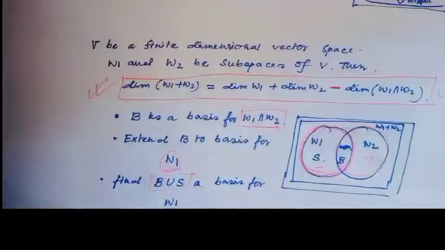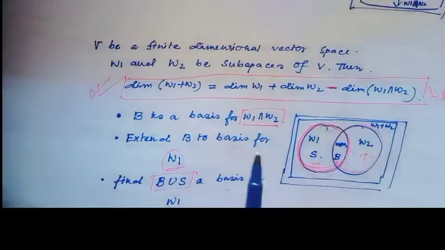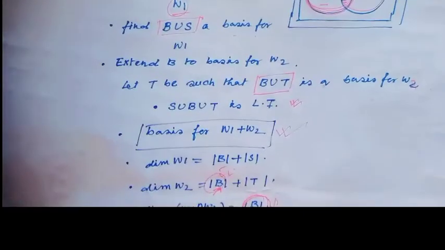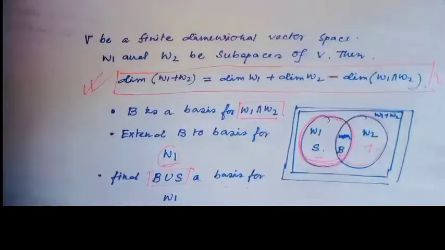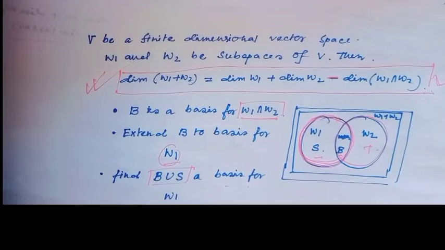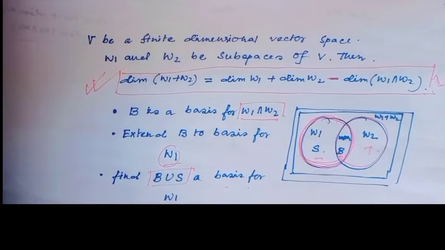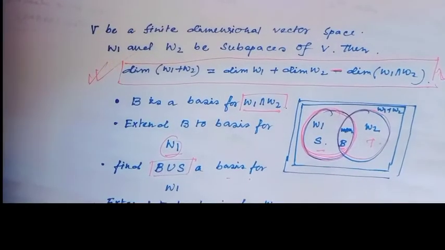I hope all my viewers have understood this theorem. If you know this direction, then if you see any standard book, you will understand in a better way. Have you understood? Okay. Now I will see some questions which depend on this concept.